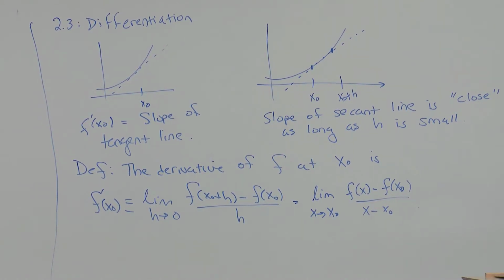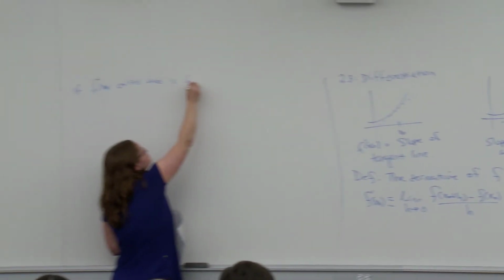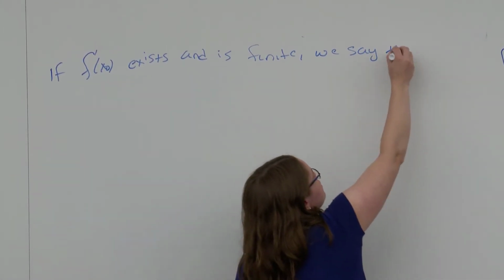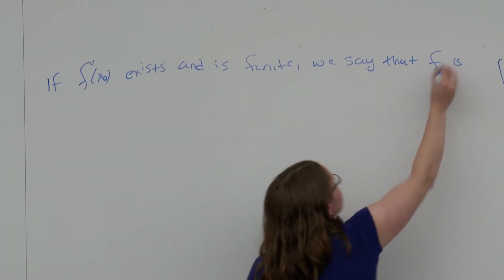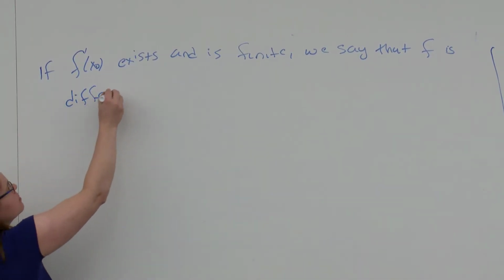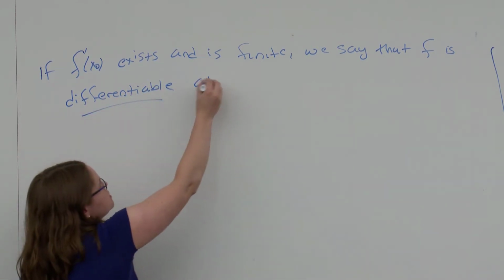Okay, and if this number happens to exist and to be finite, then we're going to say f is differentiable at this point. So if f prime of x naught exists and is finite, then we say f is differentiable at x naught.